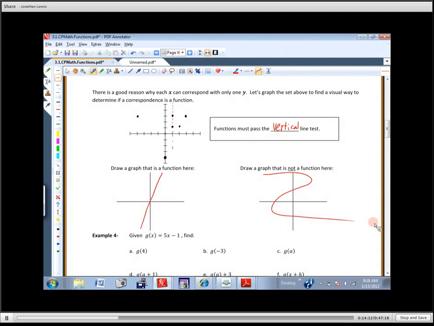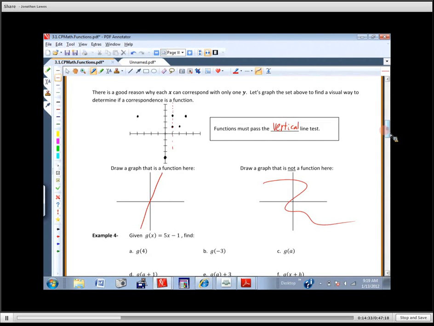Good there? What about a line that's straight up and down? Nope, not a function. Okay? So a good example would be anything that looks like that. Okay? All right. Any questions? You've all seen that stuff before, right? Okay, just a good reminder.